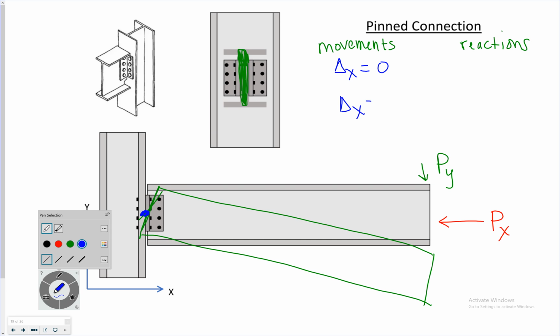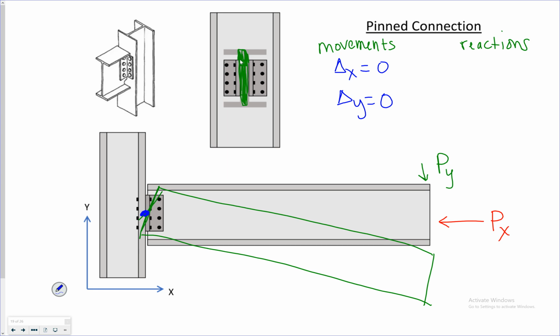No. However, is there rotation about Z? Yup. So a pin connection prevents displacement in the X and Y direction, but it does not prevent rotation about Z.